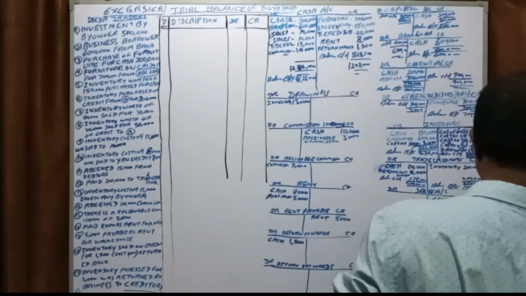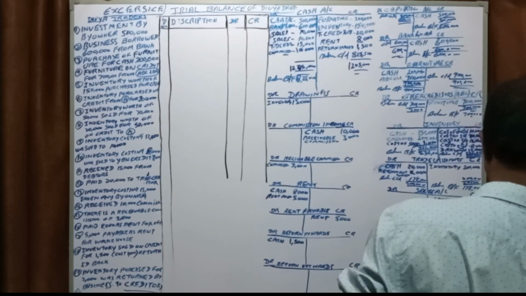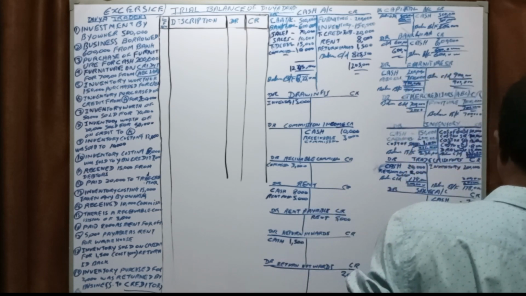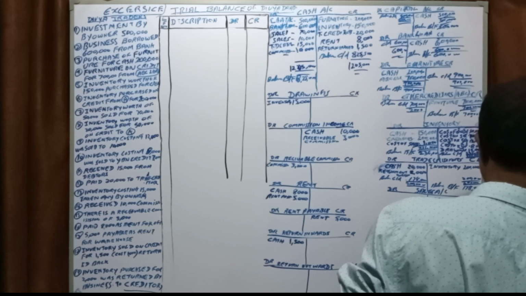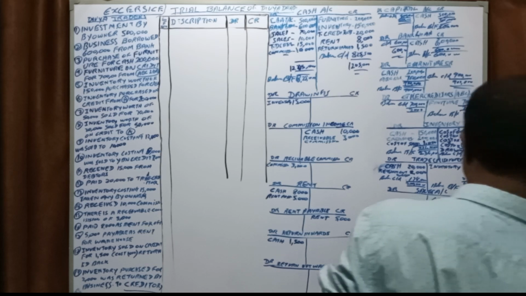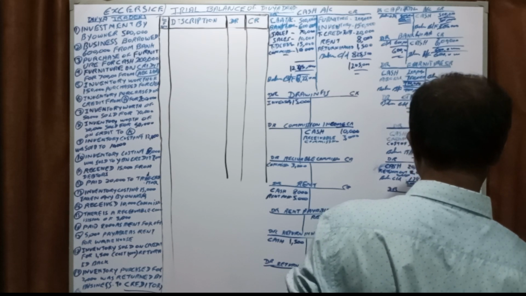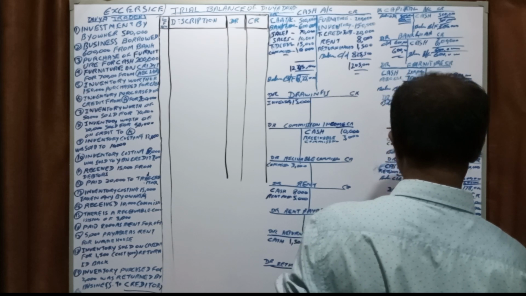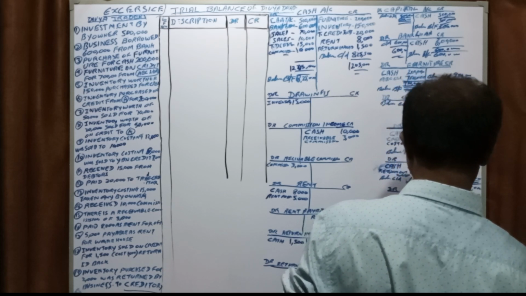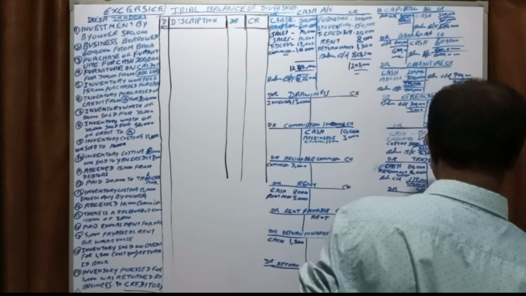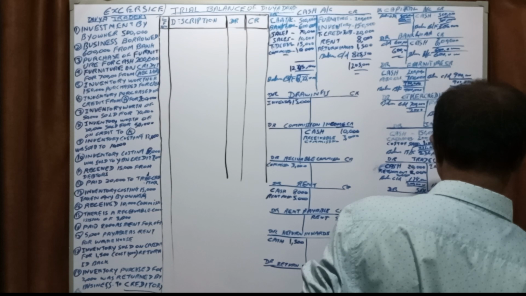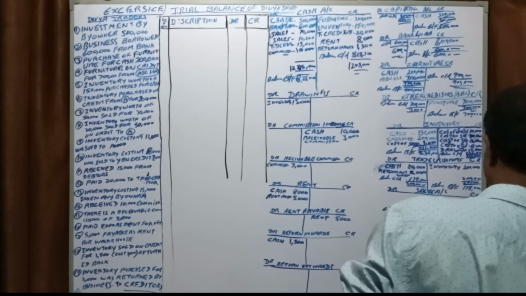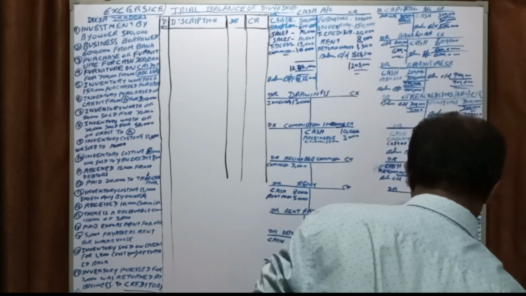Here we will say 137,000. Balance carried down 137,000. Here balance brought forward 137,000.